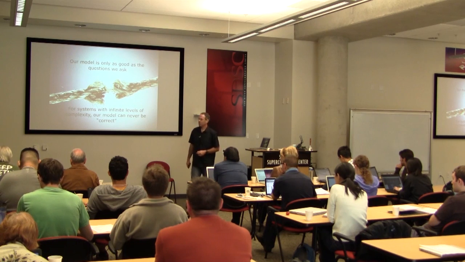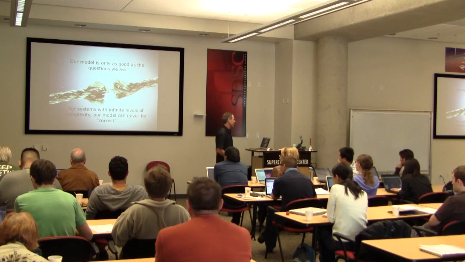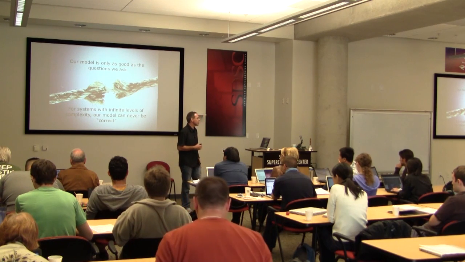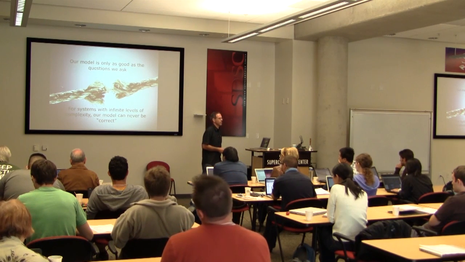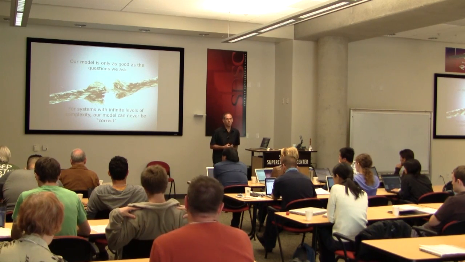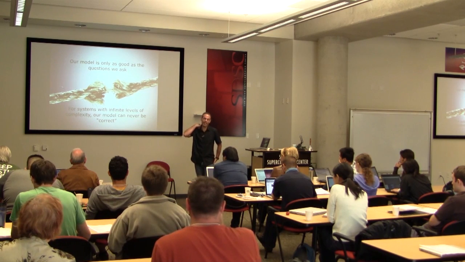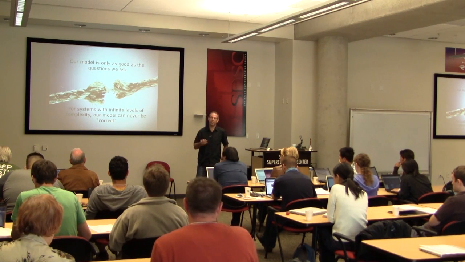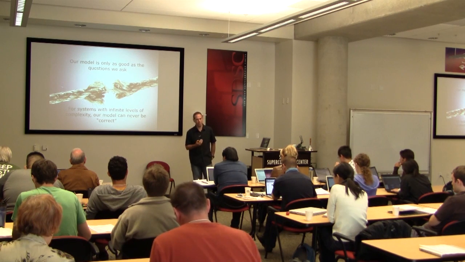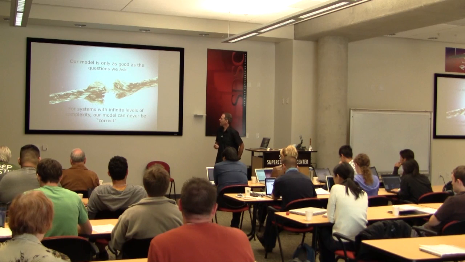All right. So this is my slide, similar to Risa's, and I just want to emphasize this point one more time, that the model is only as good as the questions we ask. Okay? So these are not do-all models. The deceptive thing is that they give you such a richness of information and data back, and you think you can do all, but you can't. So you have to be really careful, and we'll see a bit more of that later.